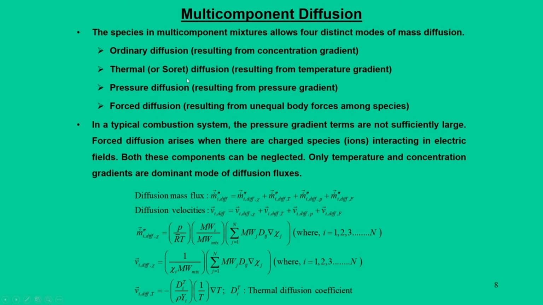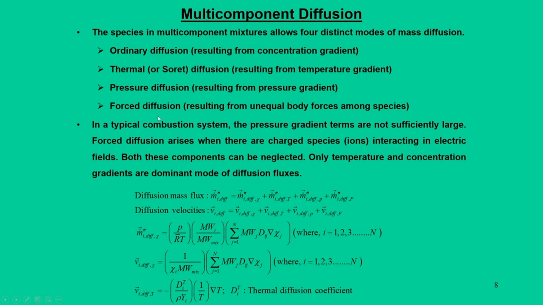But in addition to that, if there are temperature gradients, then we may have thermal or Soret diffusion. There is also diffusion that results due to gradients in pressure, so we call this pressure diffusion. There is also the possibility of unequal body force among the species, so this is called force diffusion.